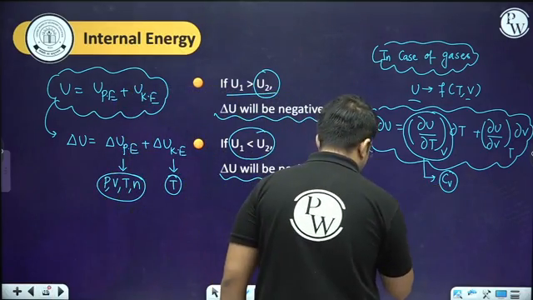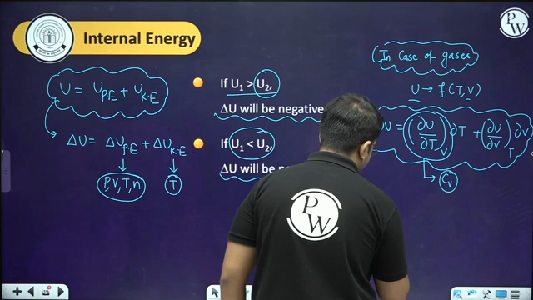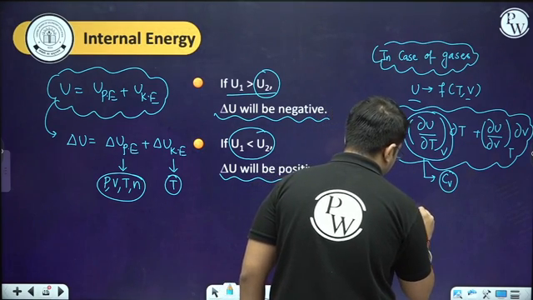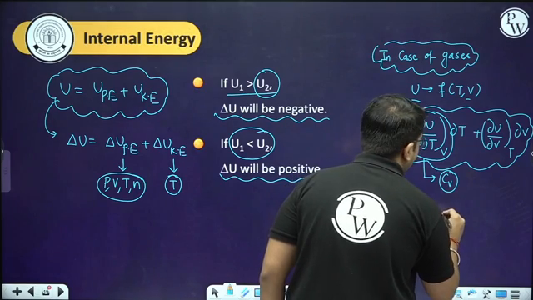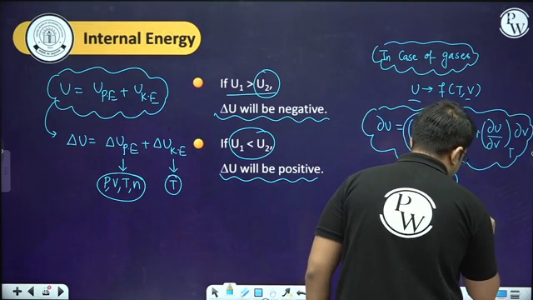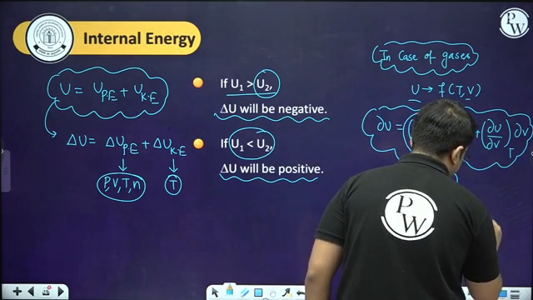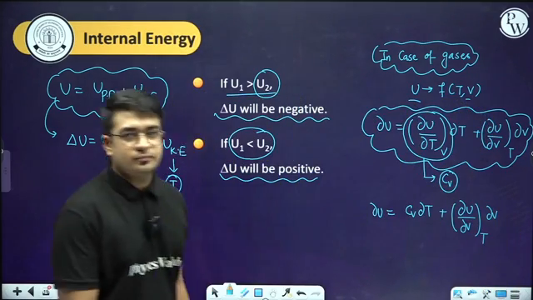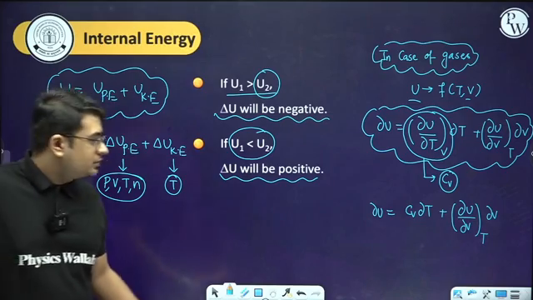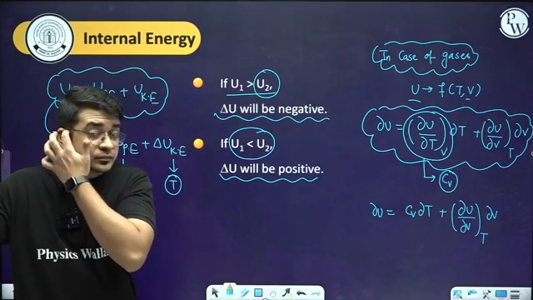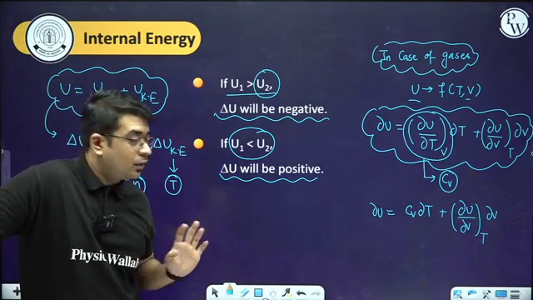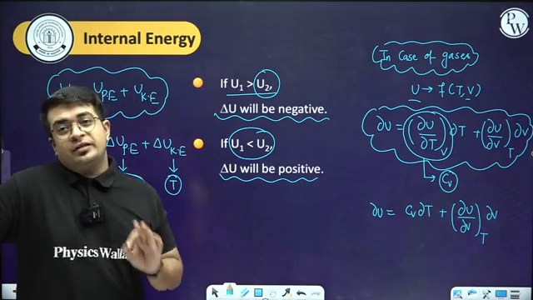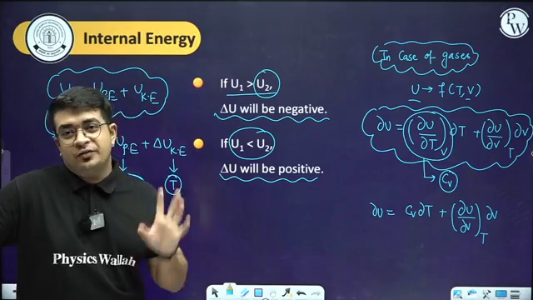So I can say dU will be equal to Cv dT plus (∂U/∂V) at constant T. This is the entire part. I hope up to this point everything is clear to everyone.